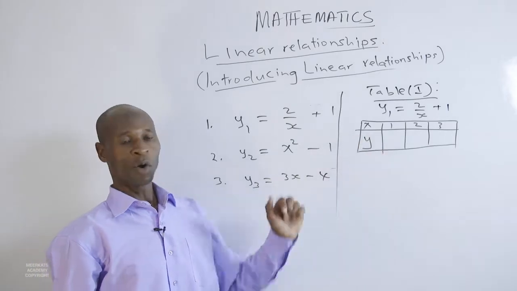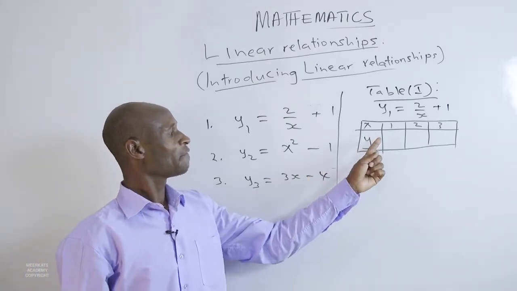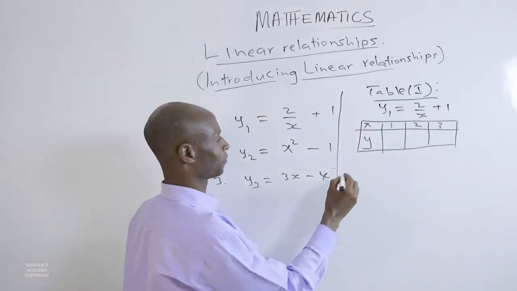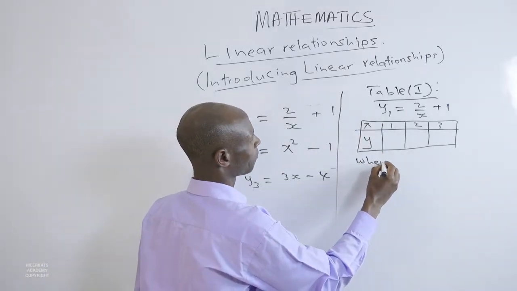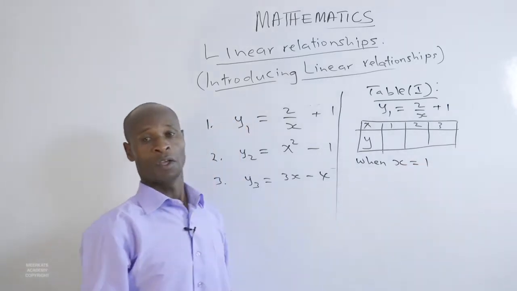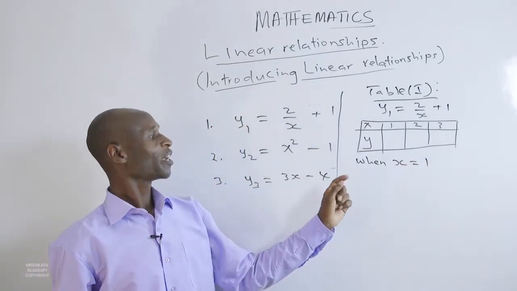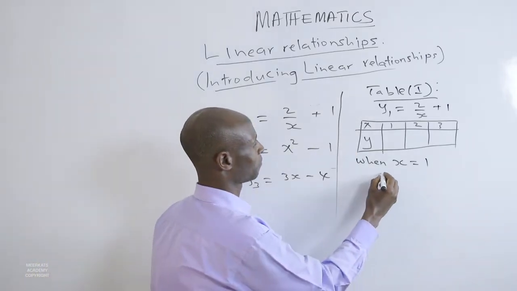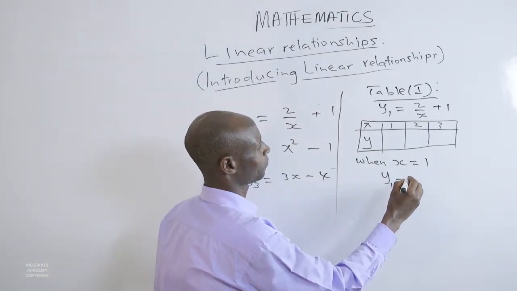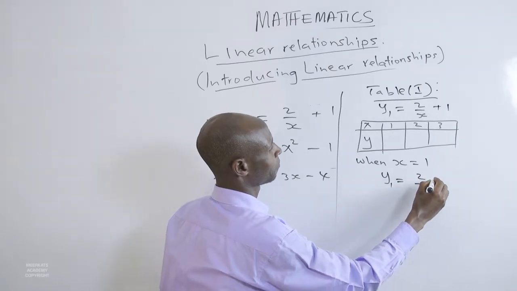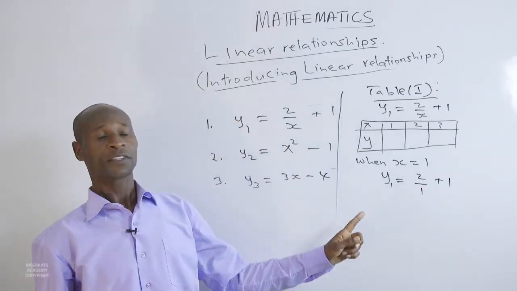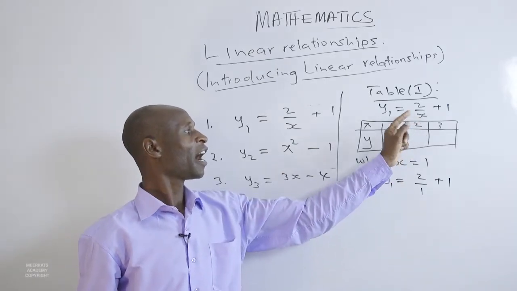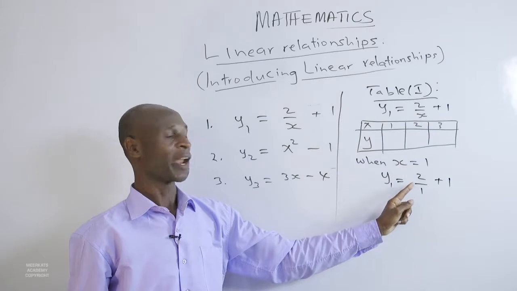To complete this table, we consider the first value of x, which is 1. So when x is 1, we can find the value of y. That is, we substitute where there is x in our rule with 1.